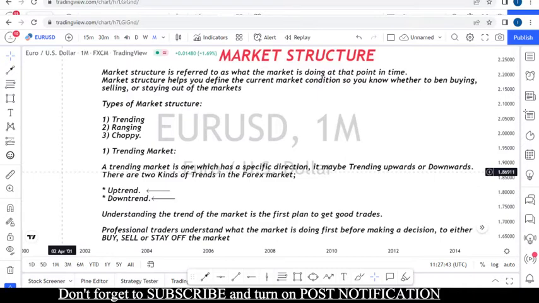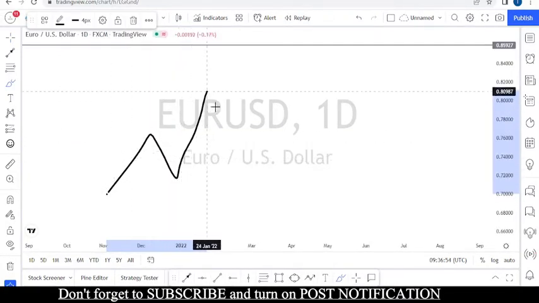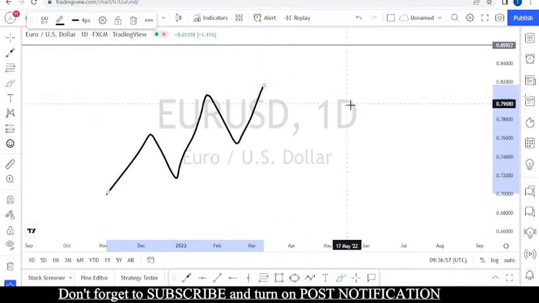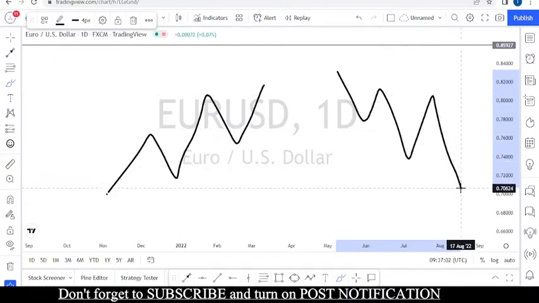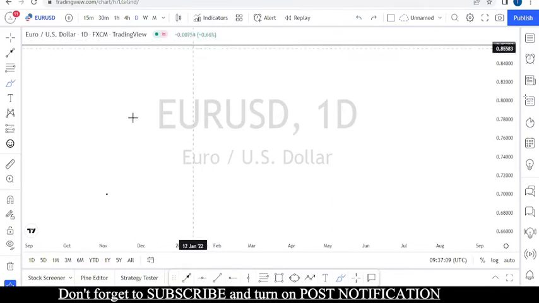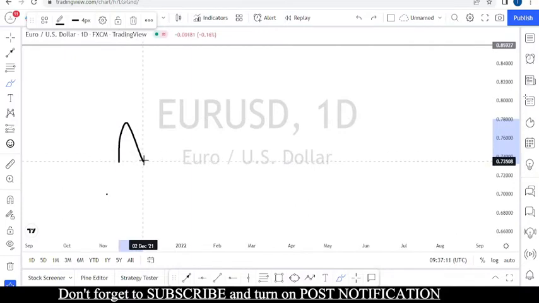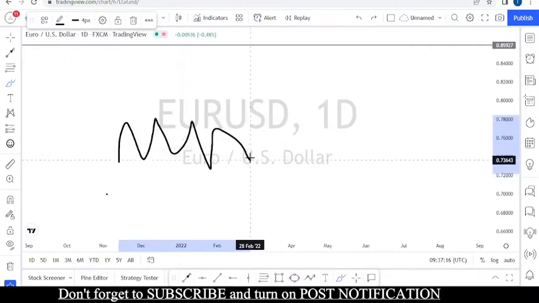And a trending market can either be trending up, making higher highs and higher lows, or trending downwards, making lower highs and lower lows, right? In this manner, that's how you know if a market is trending or not. While a ranging market actually moves sideways like this to the right, okay? This is what a trending market does, right?